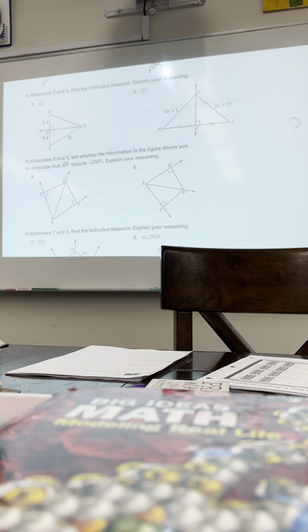AB and BC are congruent, so AD is 20. Now tell me why, explain in words. Because line BD is perpendicular, and it bisects AC, because they're congruent.